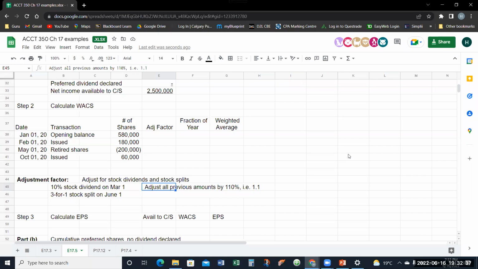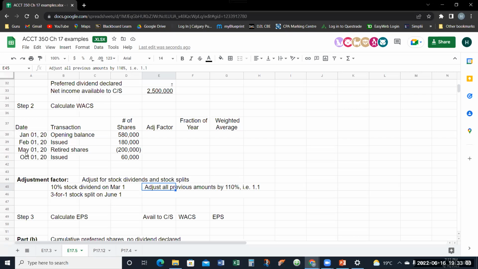110% is 1.1. Now, every date before March 1st is what you've got to hit with this. So what are the dates that occurred before March 1st? Well, you have January 1st, 2020, the opening balance. I have to adjust that by 1.1. And then February 1st, I have to adjust by 1.1.